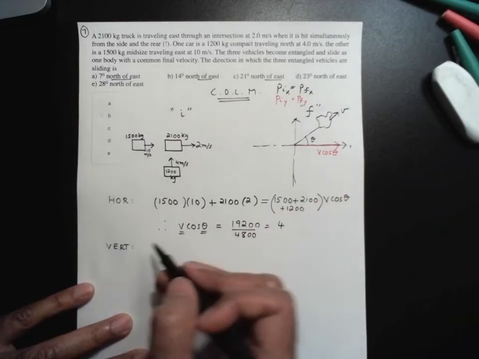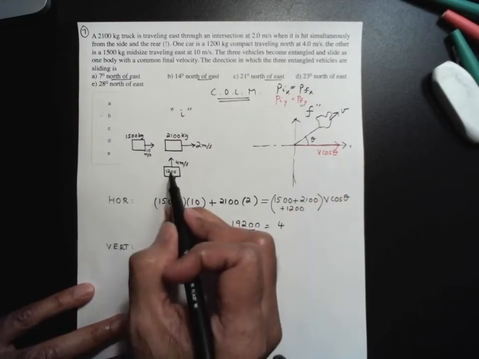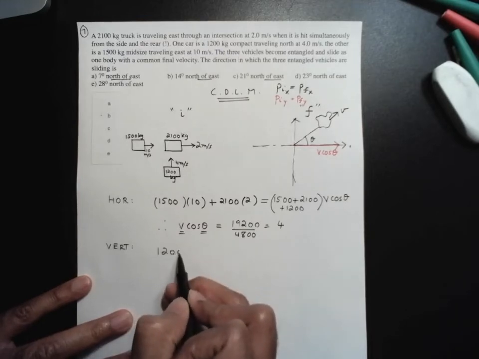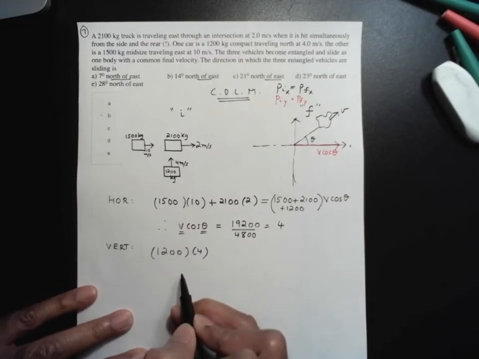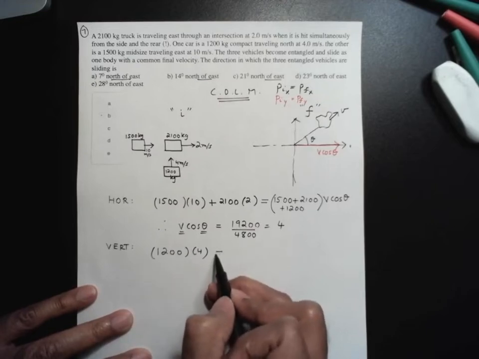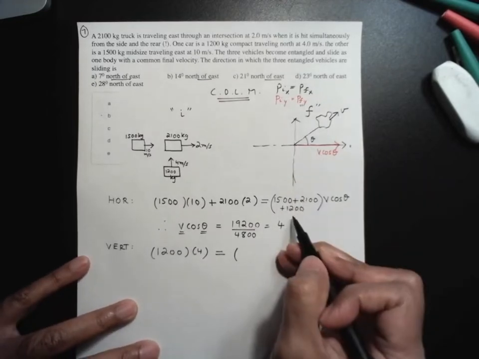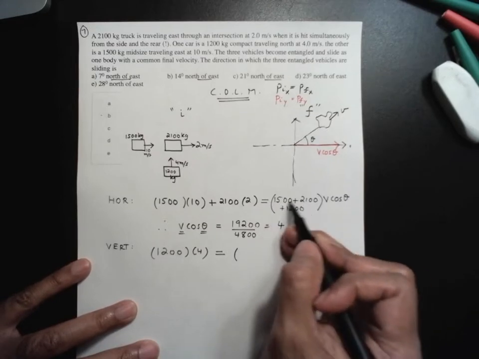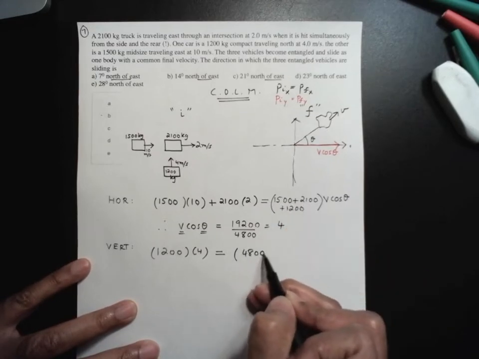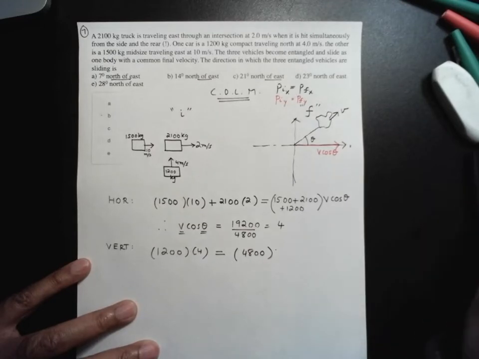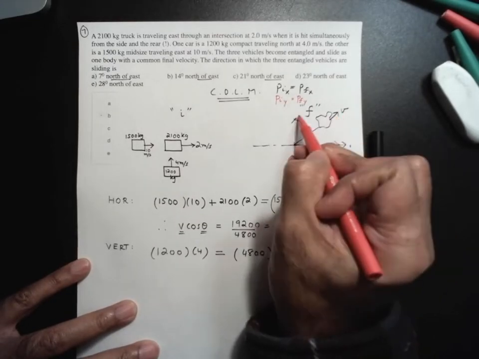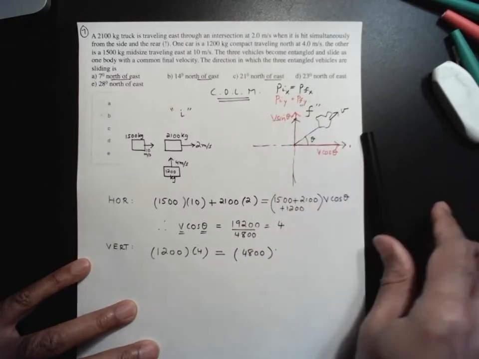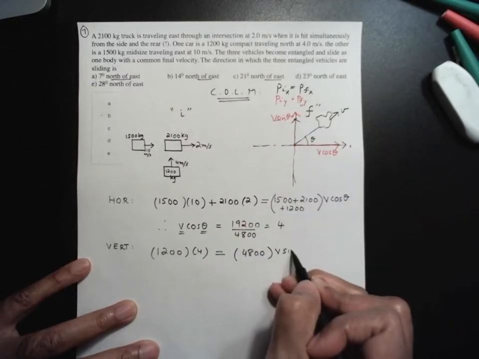And so now, of course, the vertical direction. And in the vertical direction, things are simpler. There's only one guy with a vertical momentum, that's the 1200 times 4. So that's your initial momentum. Final momentum, they're all traveling together, which is 4800, and of course, v sine theta.